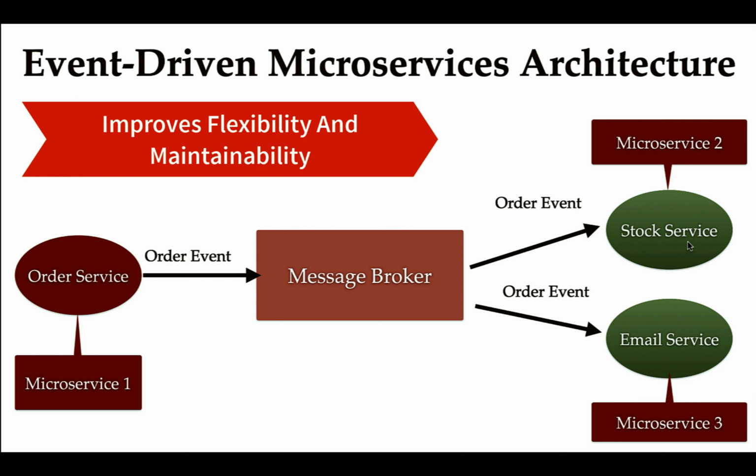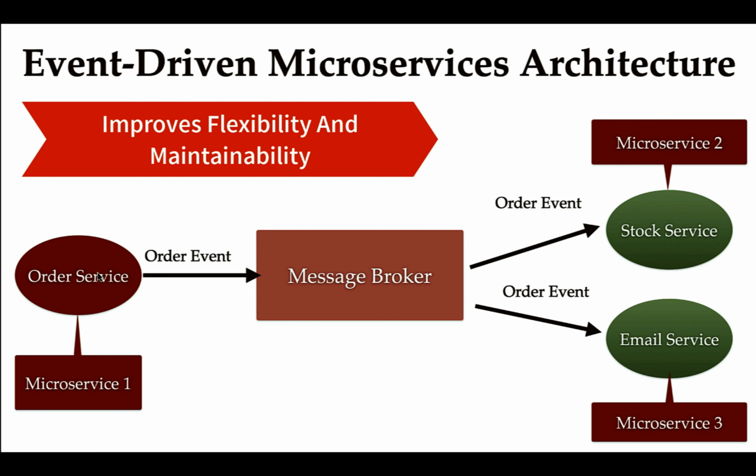Similarly, stock service is only responsible for updating the stock in a database, and email service is only responsible for sending the email to the customer. So all these three microservices have their own purpose and they are independent of each other, right?